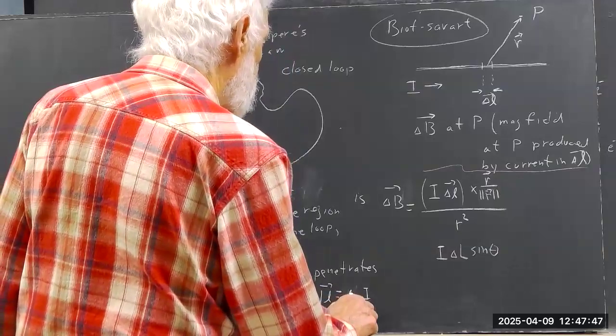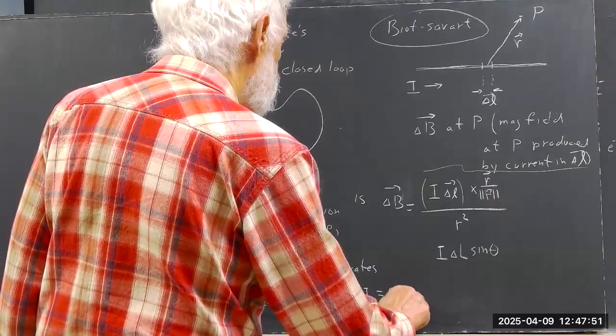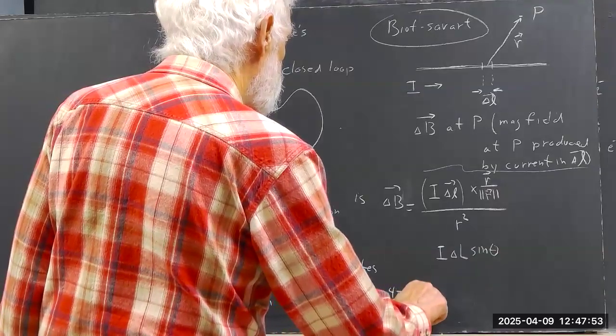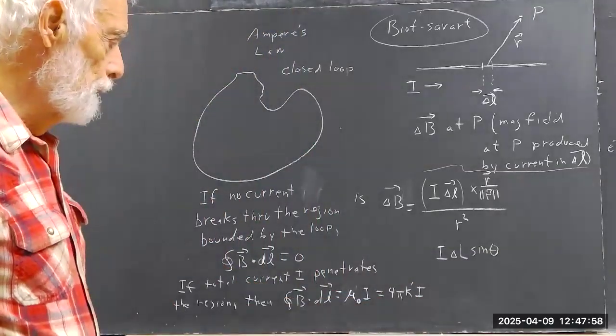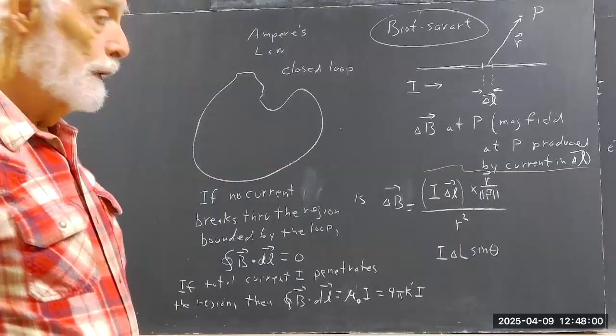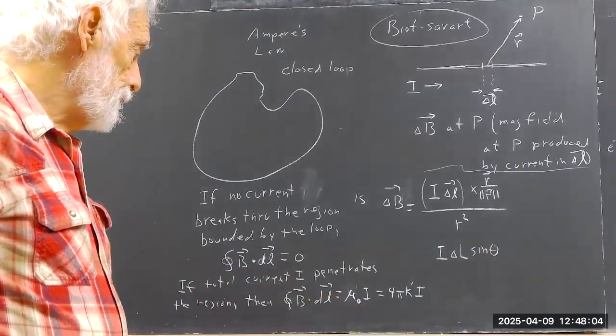So I'll use mu naught, times I, where I is the total current.